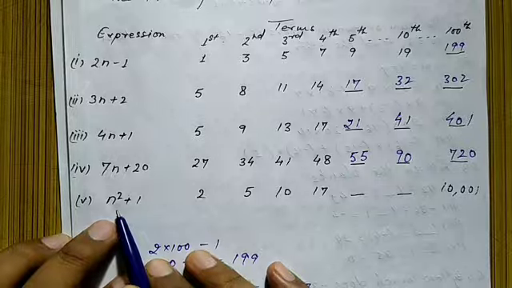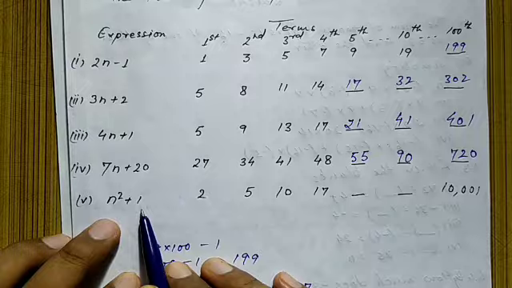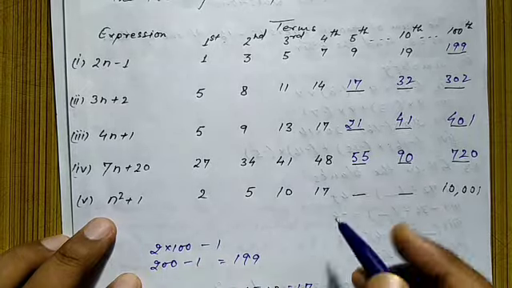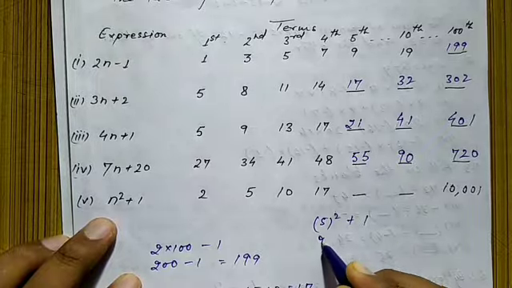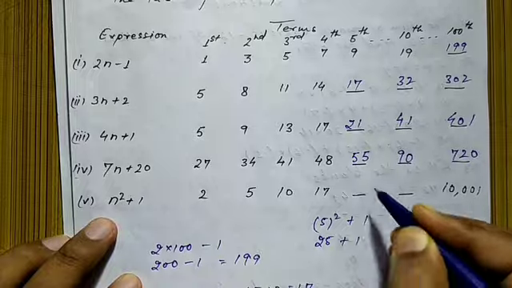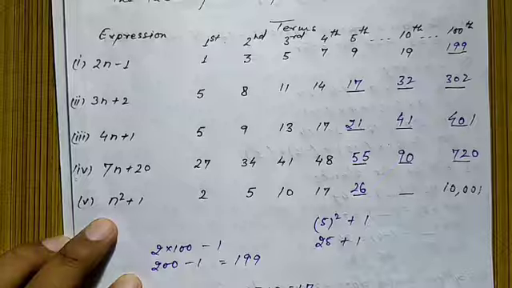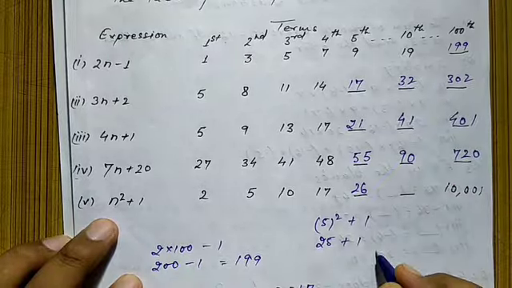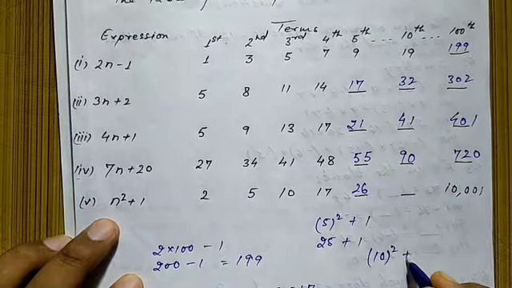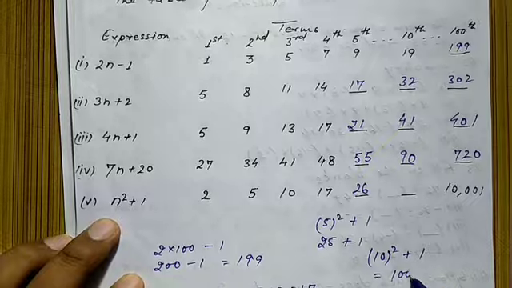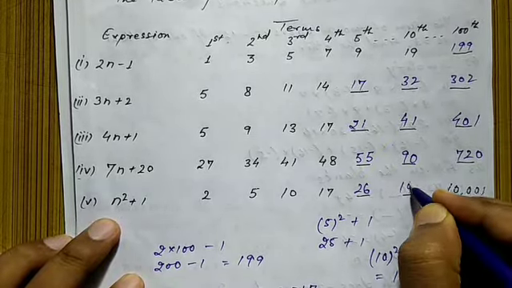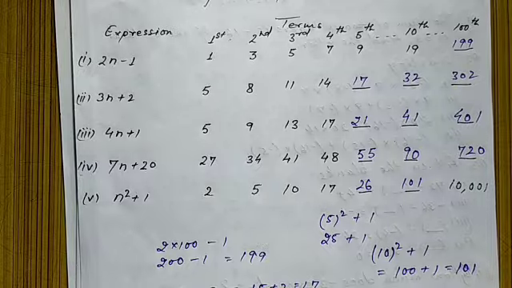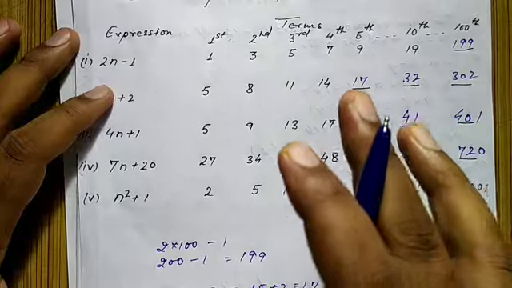Okay, now here n square plus 1, so fifth term, 5 square plus 1, that is 25 plus 1, that is 26. Okay, and 10th term, 10 square plus 1, that is 100 plus 1, that is 101. So here 101. Okay, so you write this question.